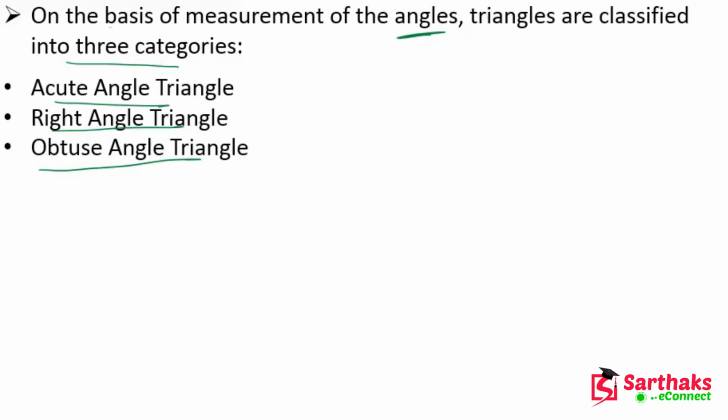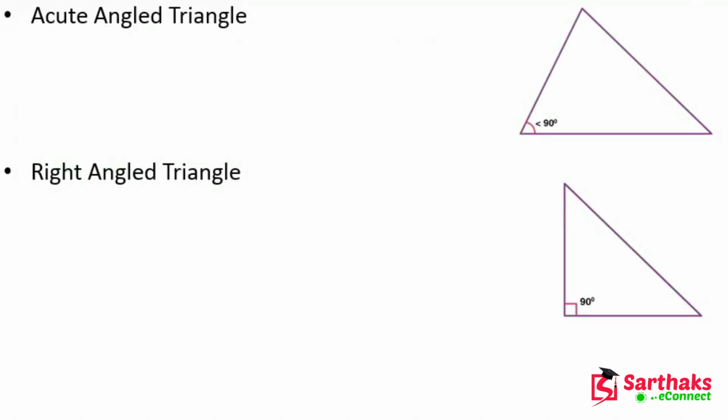First is the acute angle triangle. An acute angle triangle has all of its angles less than 90 degrees. We know that triangles have three angles, and all three angles are less than 90 degrees. Got it? So this is an acute angle triangle.